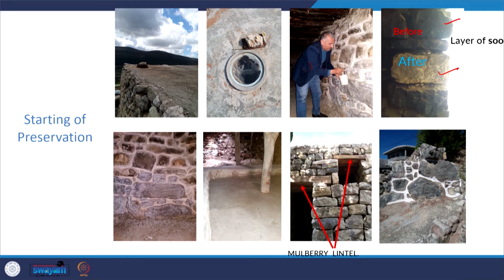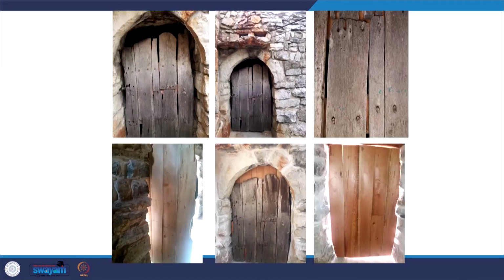So completely, this is where the chemical reaction works out with the carbon dioxide, and it completely takes it out, and this is what the result is. And he got these mulberry lintels made out of mulberry wood, and he also took out the cement plaster on the exterior surface. He did it with lime filling, and even the wooden doors, they did not even use iron nails in a 400-year-old house.